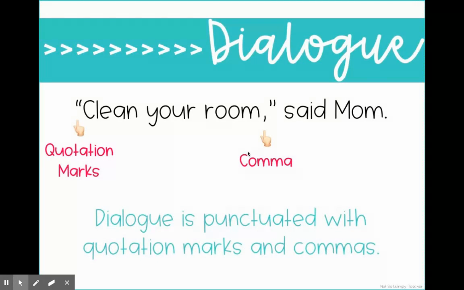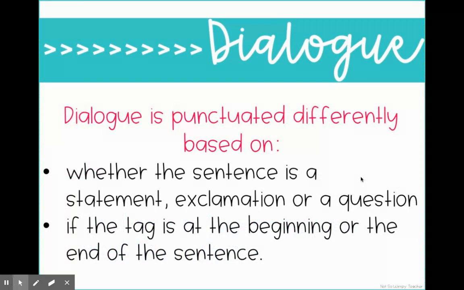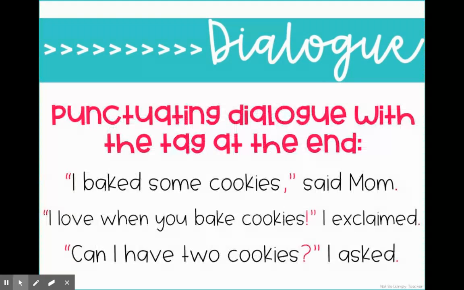We also have the quotation marks, like I said, and a comma to punctuate our dialogue. Dialogue is punctuated differently based on whether the sentence is a statement, exclamation, or a question, and if the tag is at the beginning or the end of the sentence.